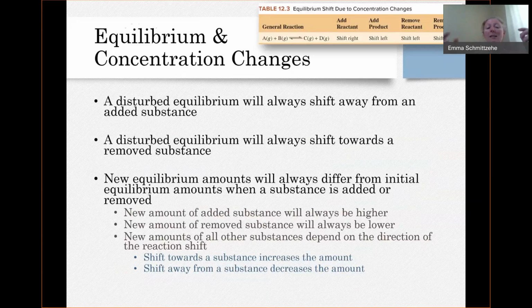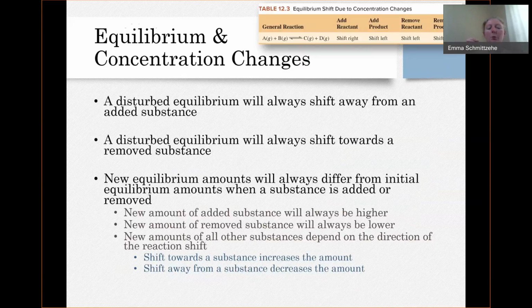Whereas if instead you removed something, that removed substance can never get back to what it started as, because the reaction will shift towards it, but it can't shift towards it to replenish all of it. It can only shift towards it until it reachieves its ratio, that makes it equal to the equilibrium constant.